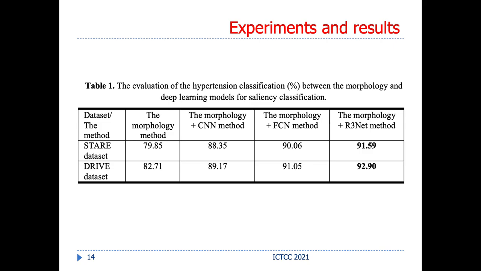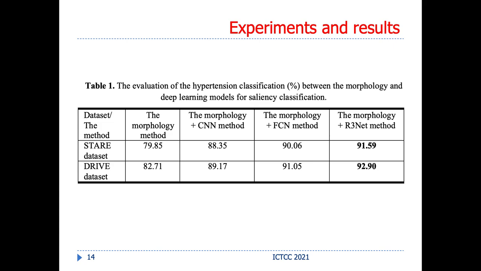We compare the hypertension classification based on the accuracy of prediction and classification. Table 1 presents the evaluation of the morphology method and some deep learning models, such as convolutional neural network and fully convolutional network for the saliency classification in all datasets.